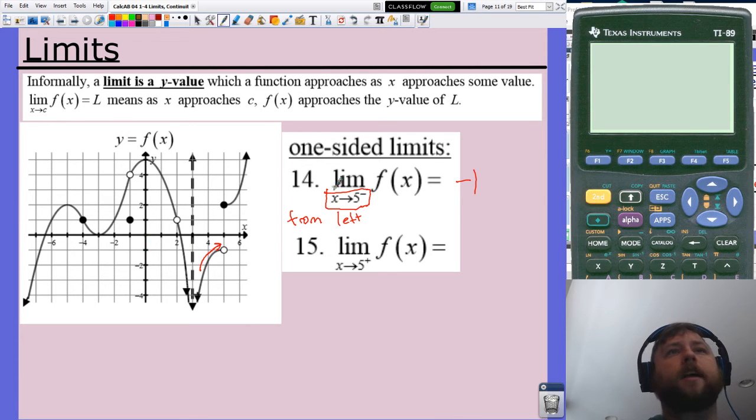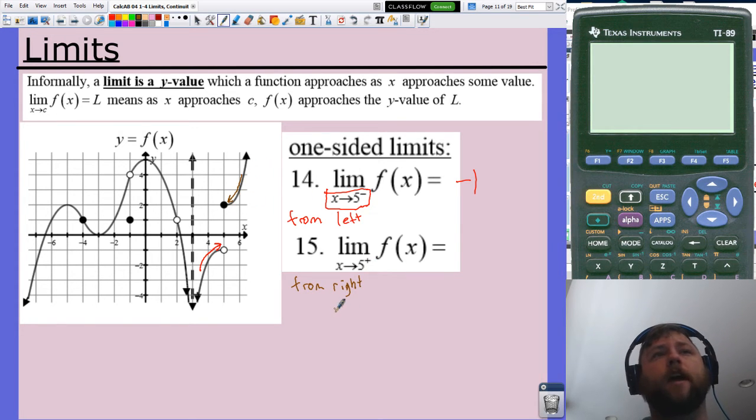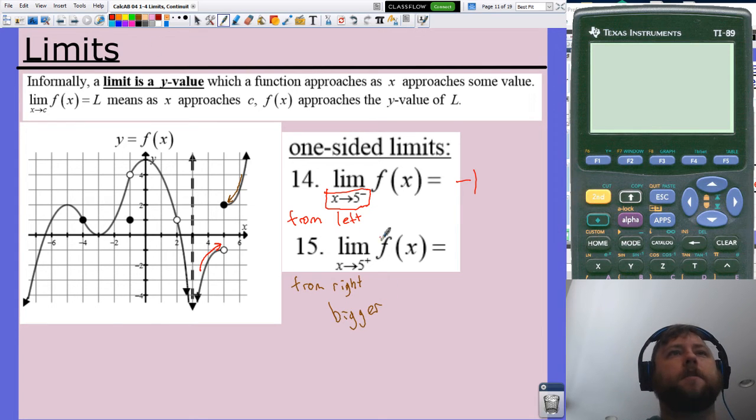Now, when there's a plus after the 5, this is from the right. So you're approaching from the right, moving left, and that's kind of weird, but from the right. You can think of it as from the right, or bigger than 5, and from the left would be smaller. So when you approach 5 from the right, you're approaching 2, because that's the y value.